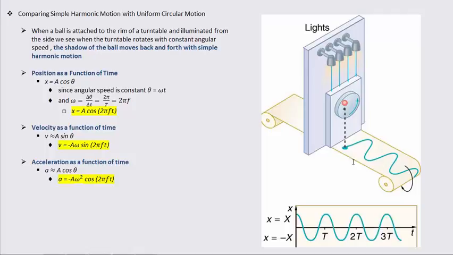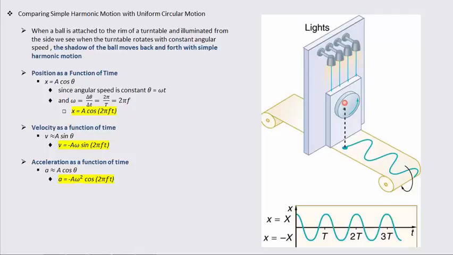simple harmonic motion. So with this relation, we can find the position as a function of time. We see that our displacement will equal our amplitude multiplied by cosine of theta.